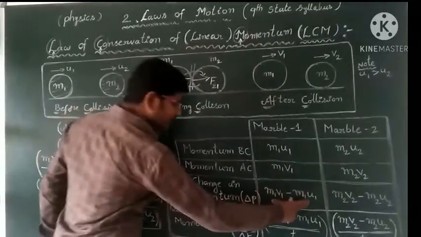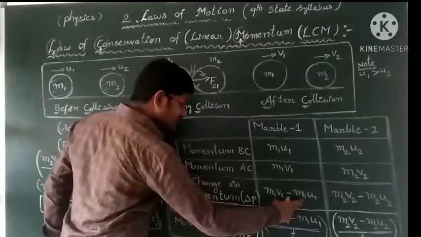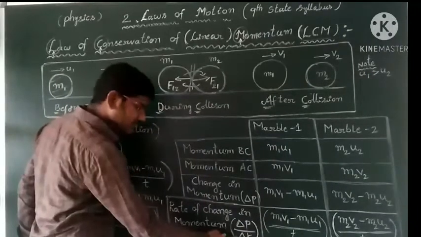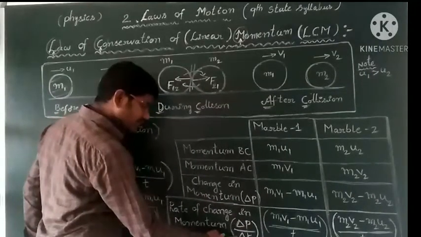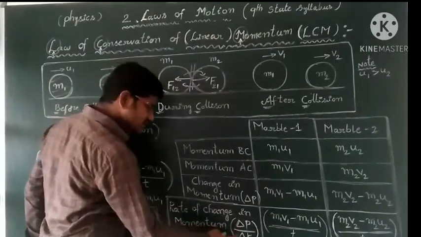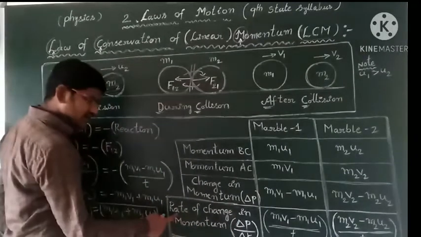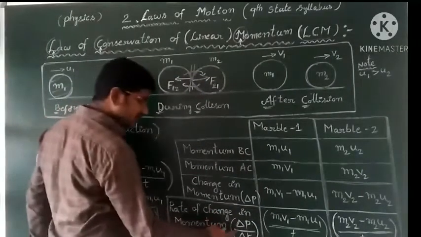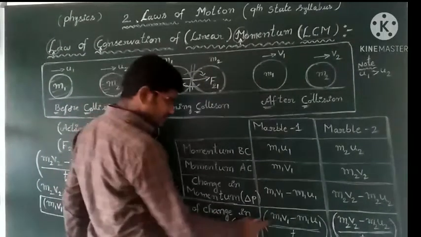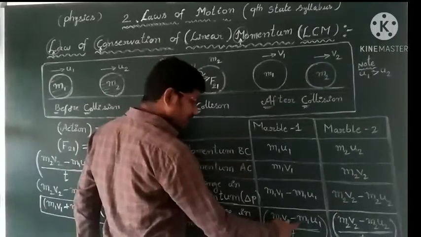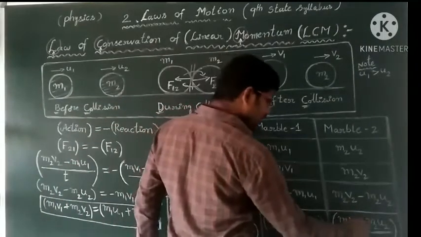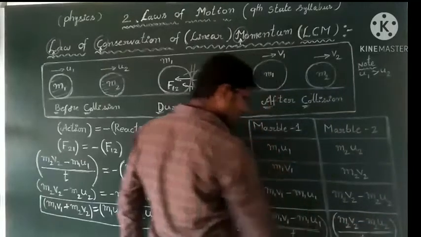Whenever a quantity changes with time, we use the words rate of change in momentum, which is written as M1 V1 minus M1 U1 by t is equal to M2 V2 minus M2 U2 by t.